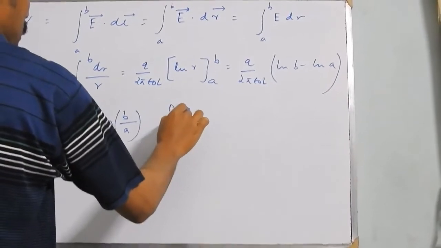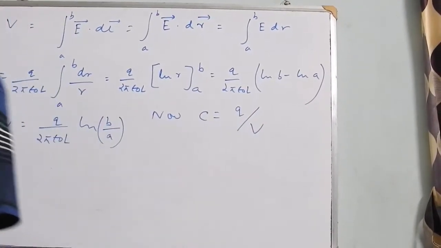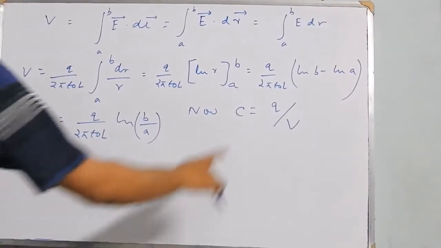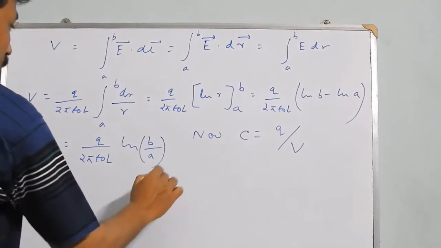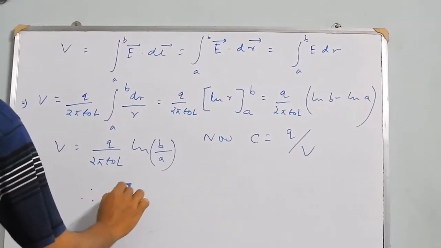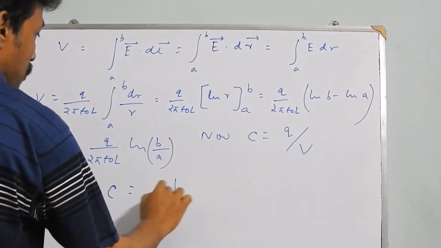Now the capacitance is equal to charge per unit potential difference. So q by V, when we do q by V, this q will cancel out.